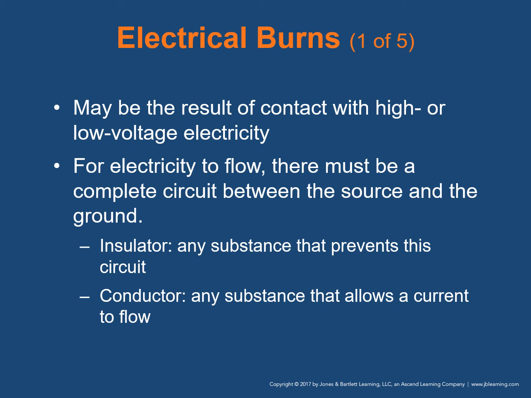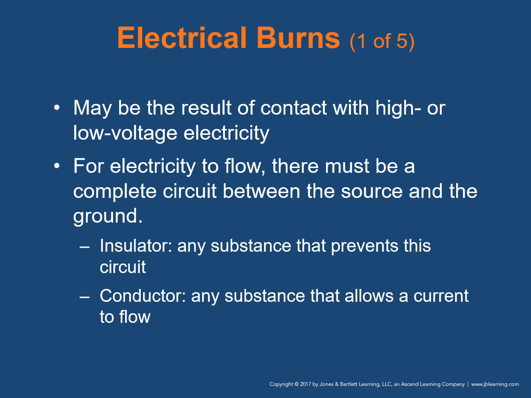There's got to be a complete circuit from source to ground, and electricity is always looking to flow to the ground. Insulators are the substances that prevent a circuit from forming. So an insulator may exist, but once that insulator is gone, that electrical current is again looking for a conductor, allowing it to reach the ground.